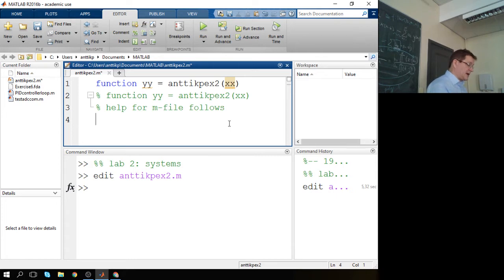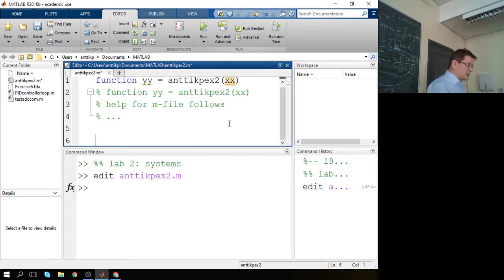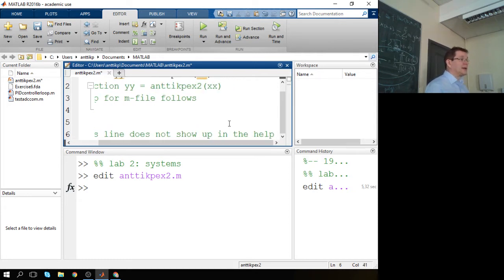Follows, and then next, and so on. If you have any empty rows, then this line does not show up in the help. Let me save that one. Okay, where's the save controllers? Yep.